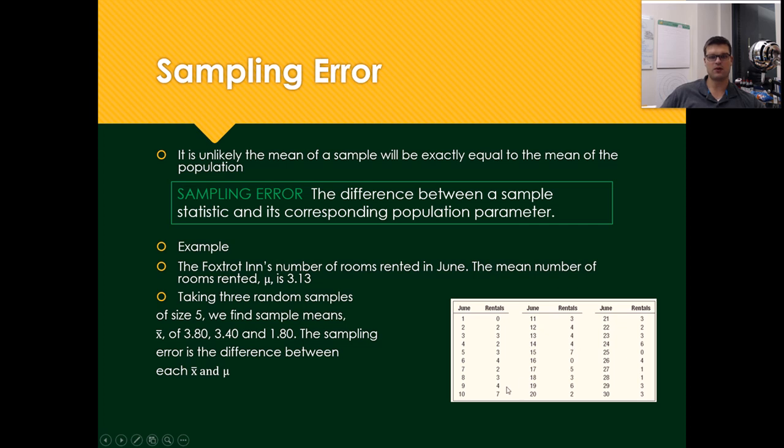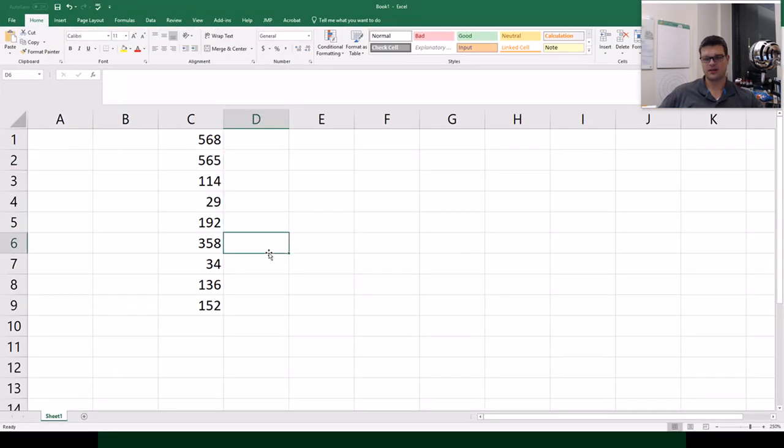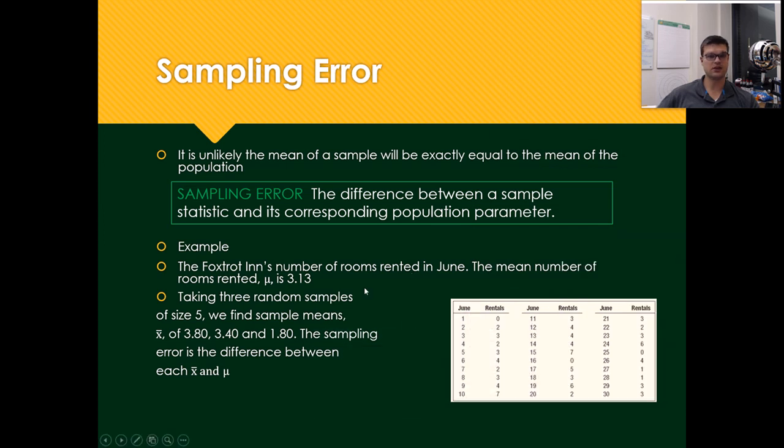So 4 plus 4 plus 3 is 11. 11 divided by 3. What is that? Let's pull that up. Let's see here. We've got 11 divided by 3, 3.66. So 3.66 is pretty close to the 3.13, but it's not.